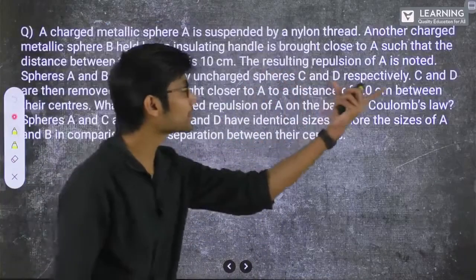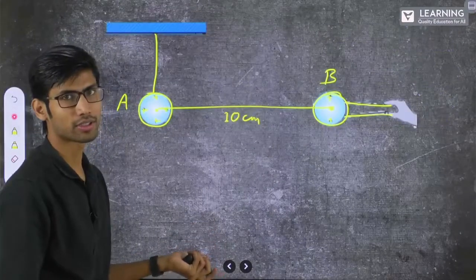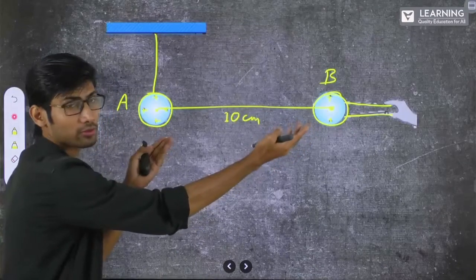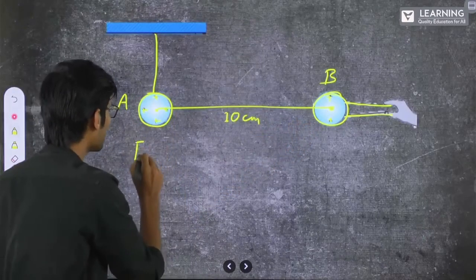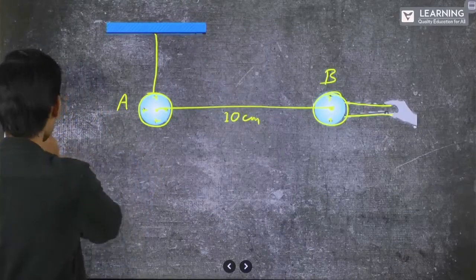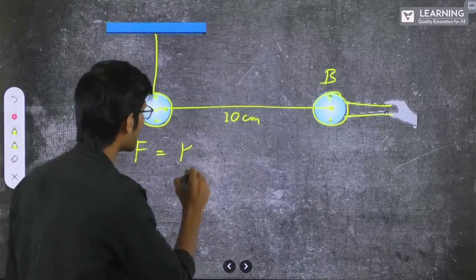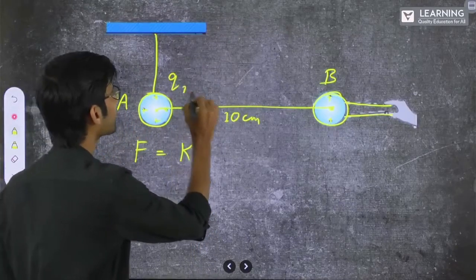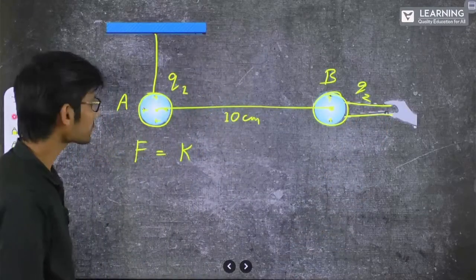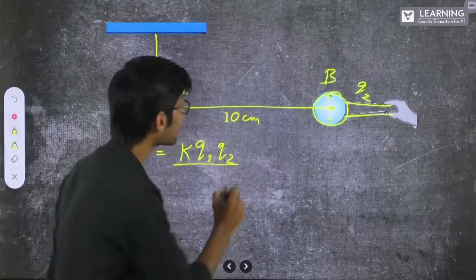The resulting repulsion of A is noted. So first let's note the resulting repulsion of A. Both have positive charges, so the repulsion force will be there. Repulsion on A will be the electrostatic force between them. Let's write F. Now F is equal to K Q1 Q2 by R square, assuming this as Q1 and this as Q2.